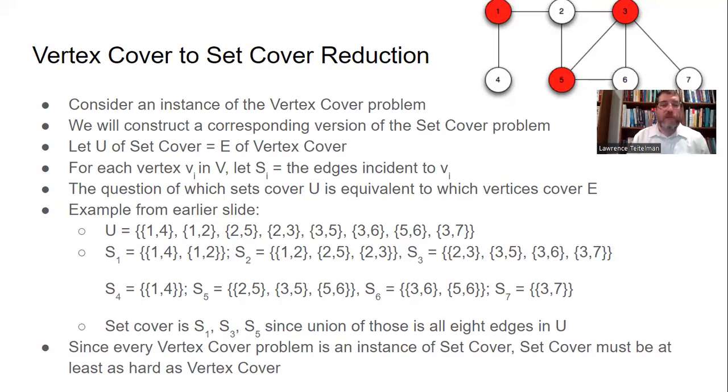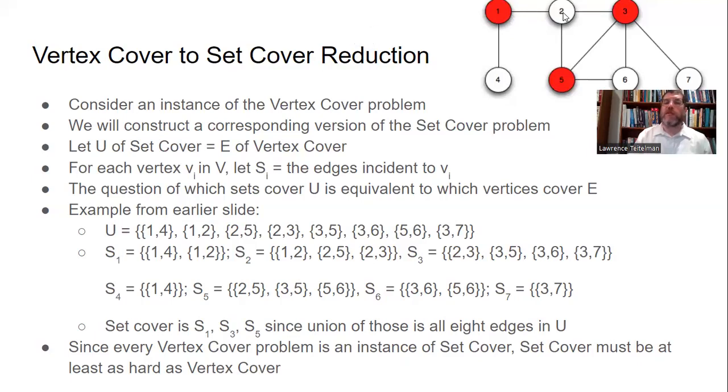Now, what about the subsets? The subsets are per vertex. It's almost like the neighbors, except instead of the neighbors, it's the edges that connect to those neighbors. So our first subset is going to be 1-2 and 1-4.